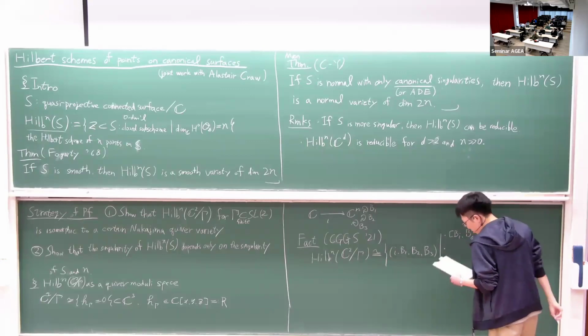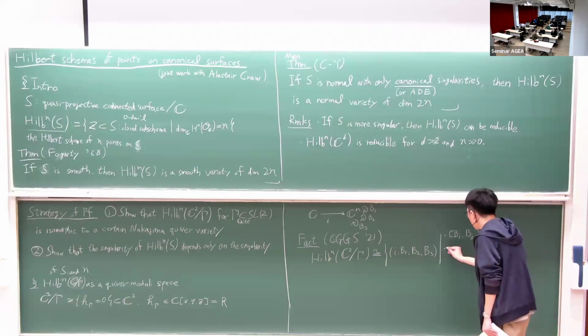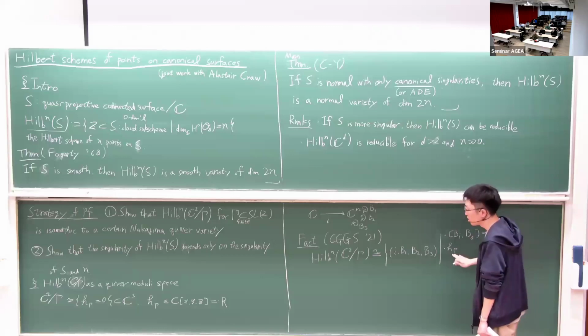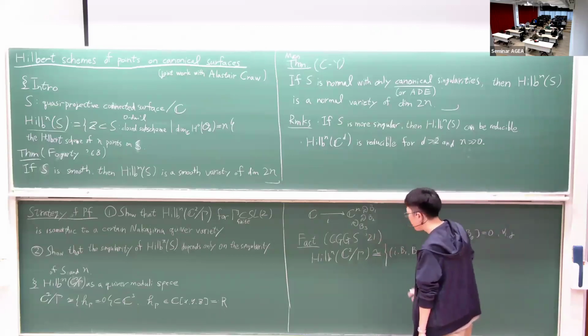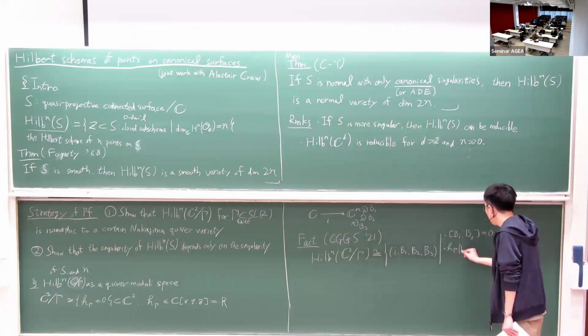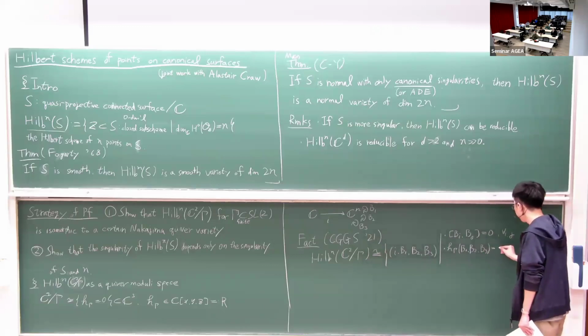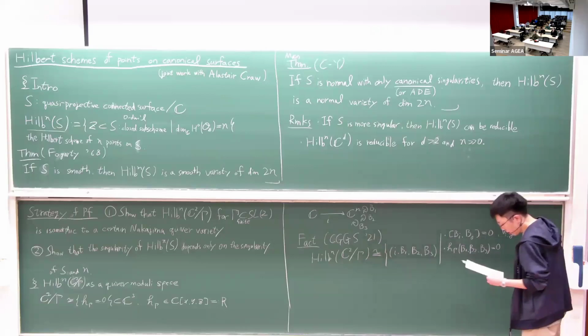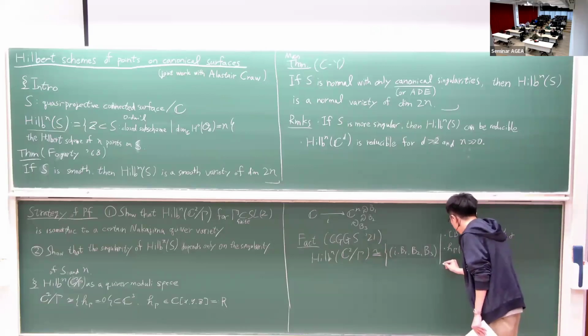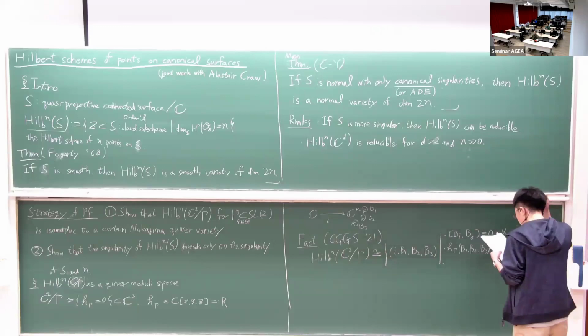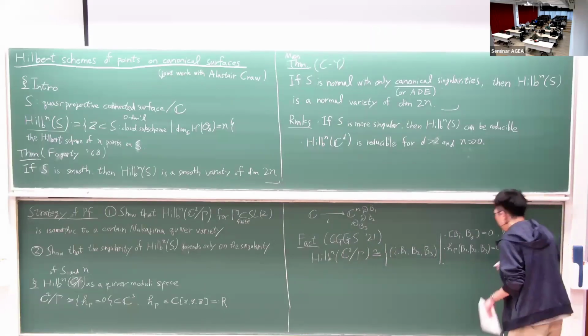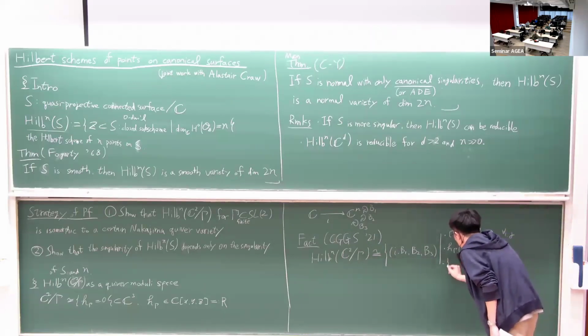And the second condition says that H gamma, the defining equation of the singularity, if we substitute B1, B2, B3 into that polynomial, should be 0. And finally, the third condition is the following.